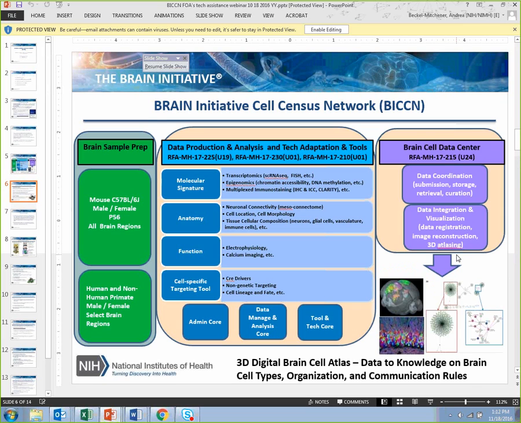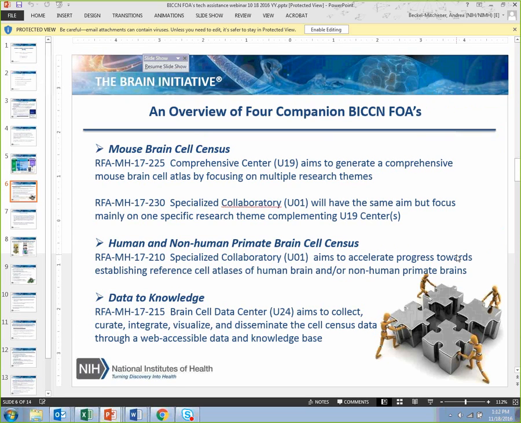So the two FOAs are for mouse brain cell census data and tool generation.